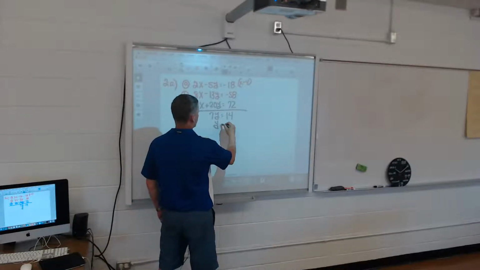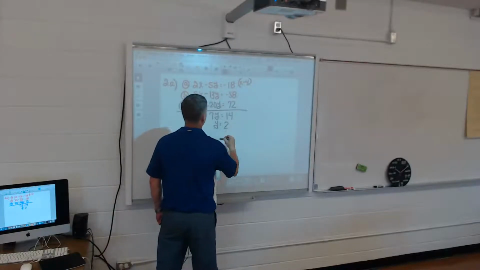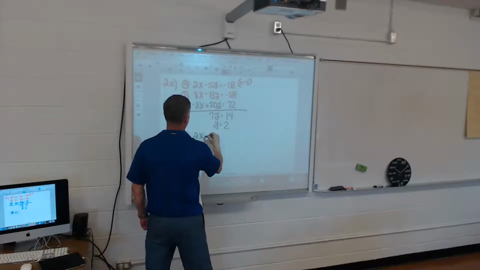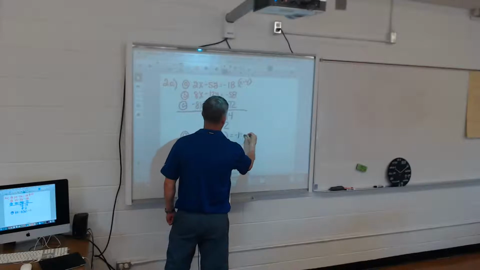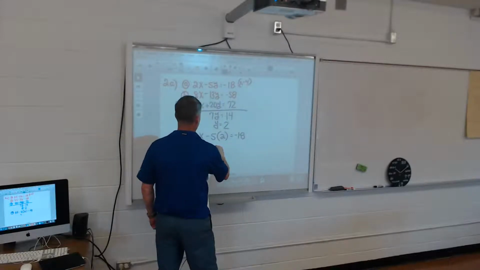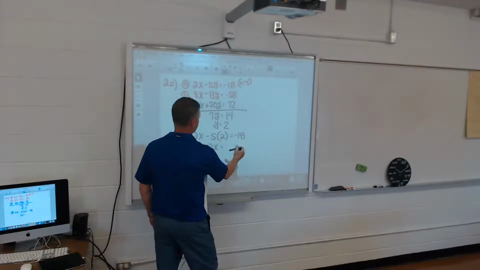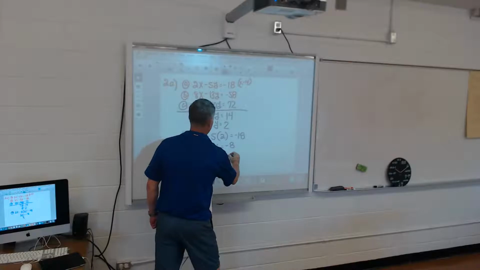So what does y equal? 2. Excellent. So let's put that into A now. That's minus 10. I'm going to add that to the other side, so I get minus 8x equals negative 4.